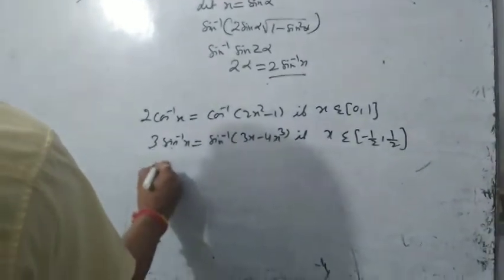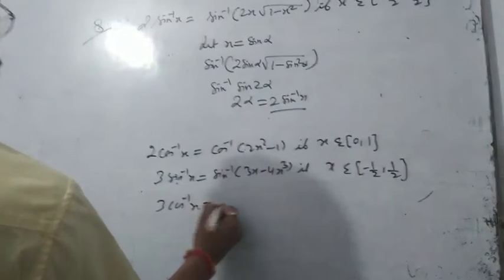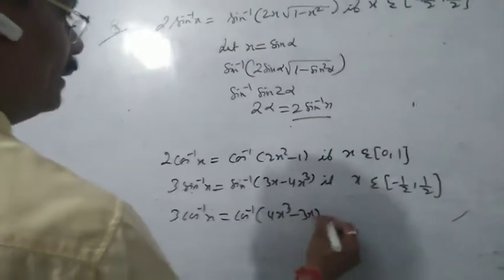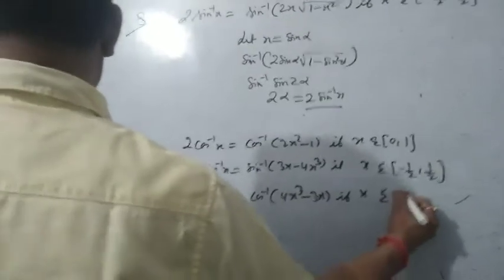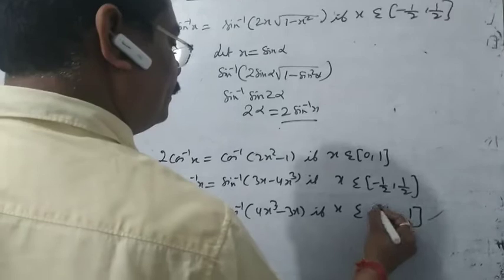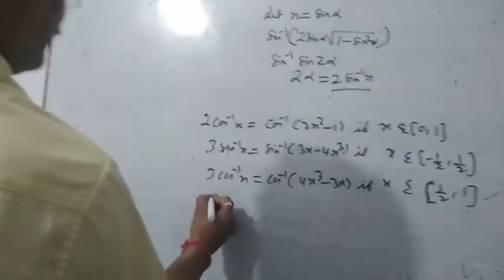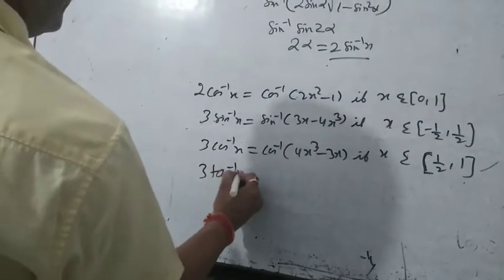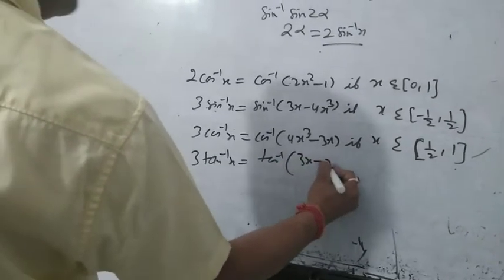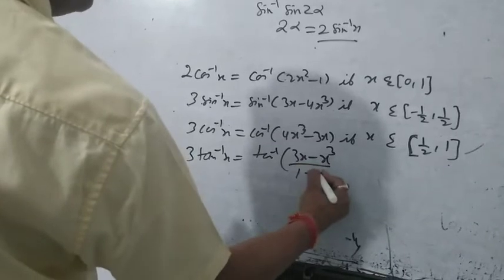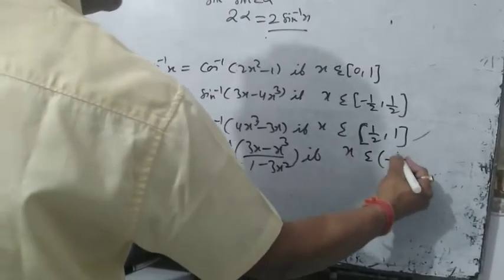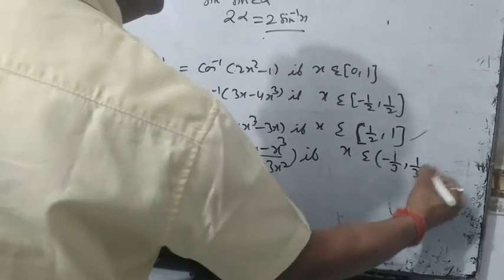Next one is 3 cos inverse x, cos inverse of (4x cube minus 3x), if x is an element of 1 by 2 comma 1. And last one is 3 tan inverse x, equal to tan inverse of (3x minus x cube) upon (1 minus 3x square), if x is an element of minus 1 by 3 comma 1 by 3.